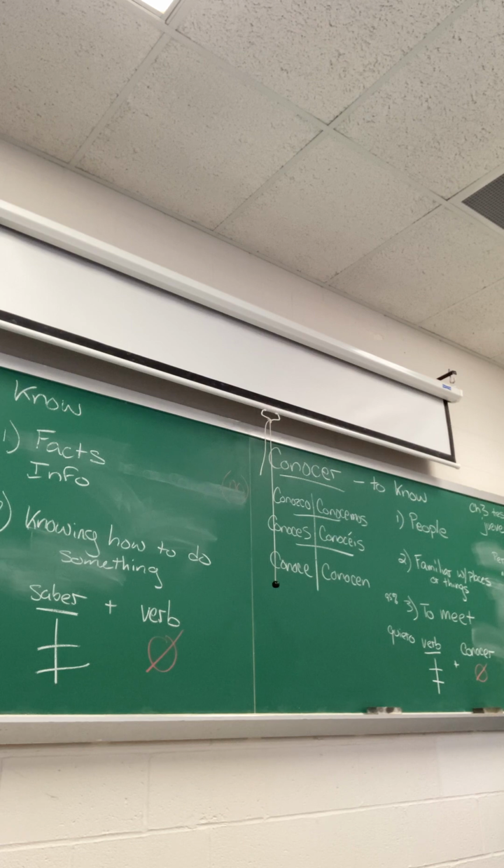So Pablo no sabe jugar al tenis. Pablo doesn't know how to play tennis. Sabe, muy bien. Pero sí sabe nadar muy bien. But he knows how to swim really well. So what's that one, Jay? Also sabe, muy bien. Yeah, he doesn't know how to play tennis, but he knows how to swim. Okay, muy bien.